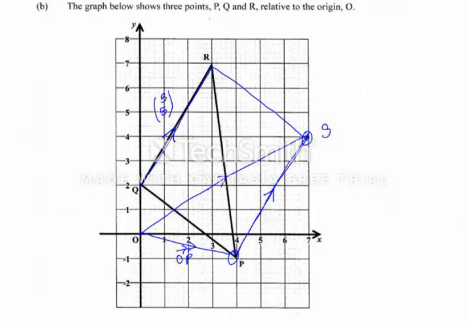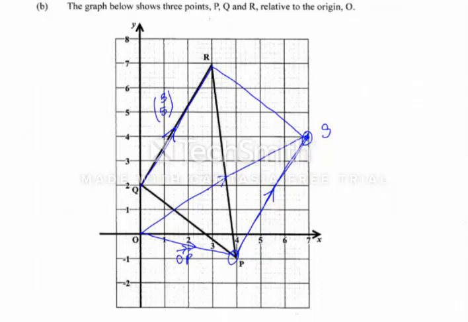Now, if those two vectors are equal, it means that opposite sides of the quadrilateral PQRS have the same magnitude and are parallel.